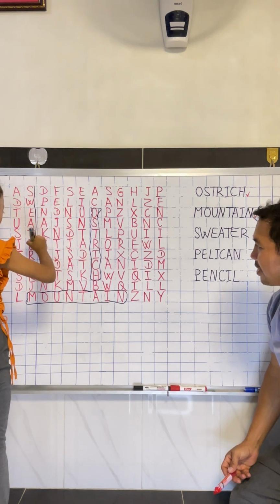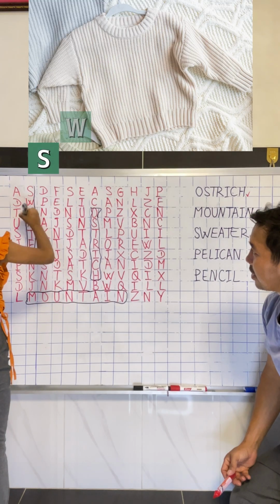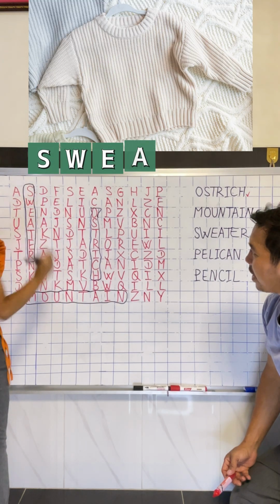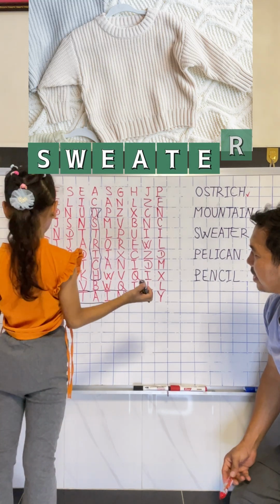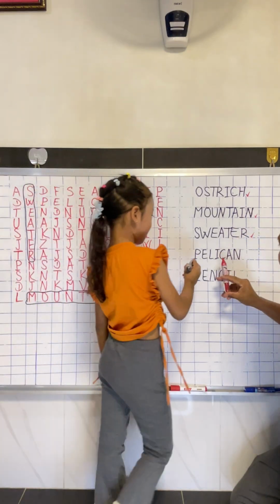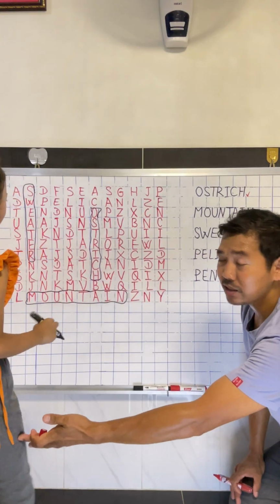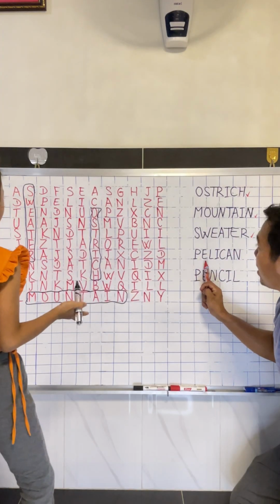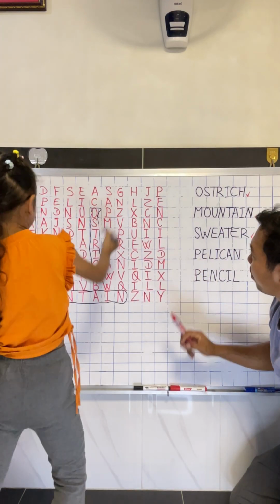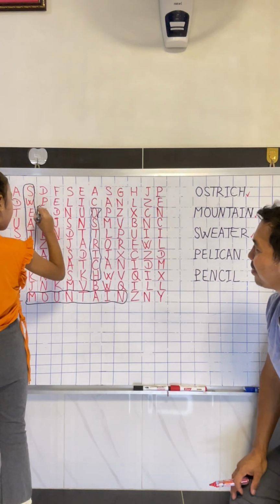The spelling is S-W-E-A-T-E-R. So, sweater. And then pelican. It's getting harder and harder. Pelican starts with letter P-E-L. Oh, you found it already. So start here for pelican.